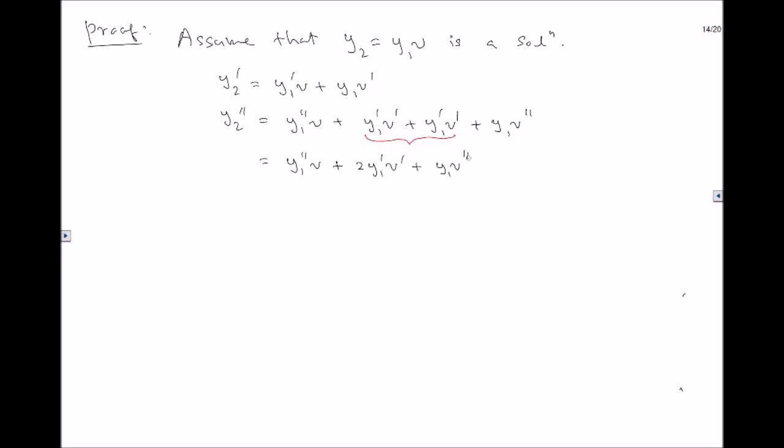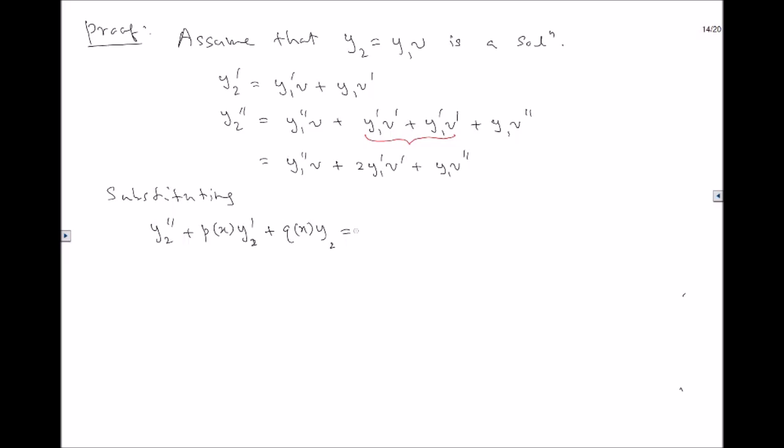Now we can substitute this into the differential equation: y2 double prime plus p(x) y2 prime plus q(x) y2.